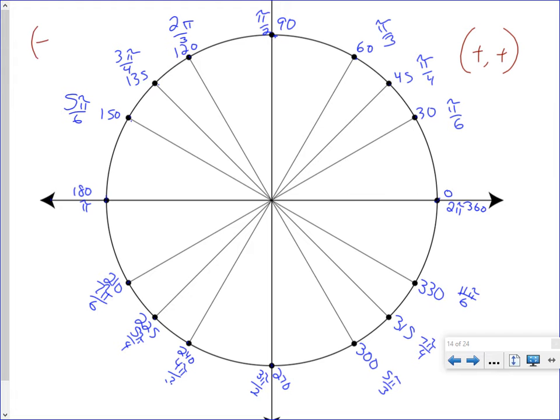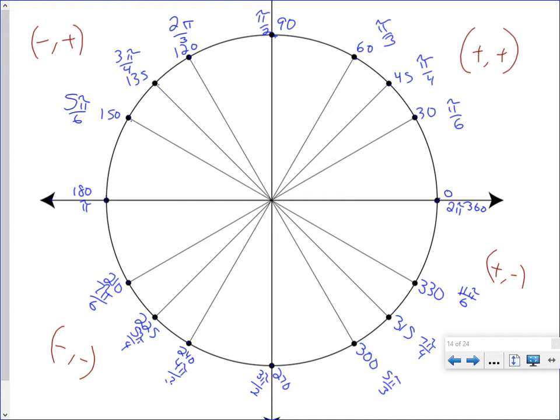Second quadrant, and third quadrant, and fourth quadrant, positive, negative. Remember, it goes X, Y, so you guys remember on that one. Okay.